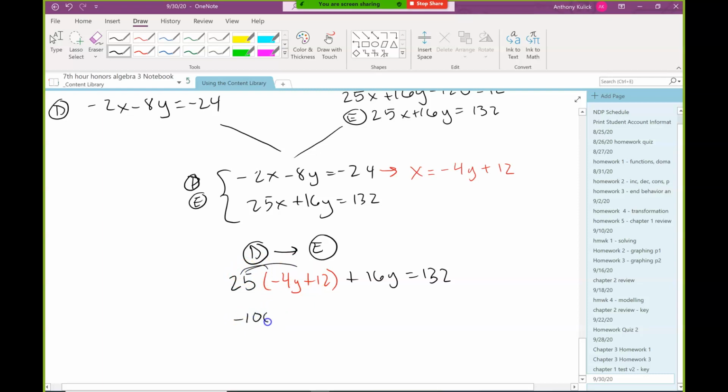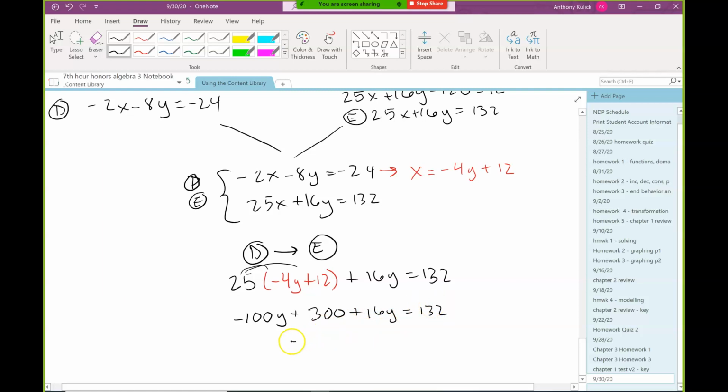So we have negative 100y plus 100 and, oops, sorry, that's not right. 250 plus 50 should be 300. Plus 16y equals 132.